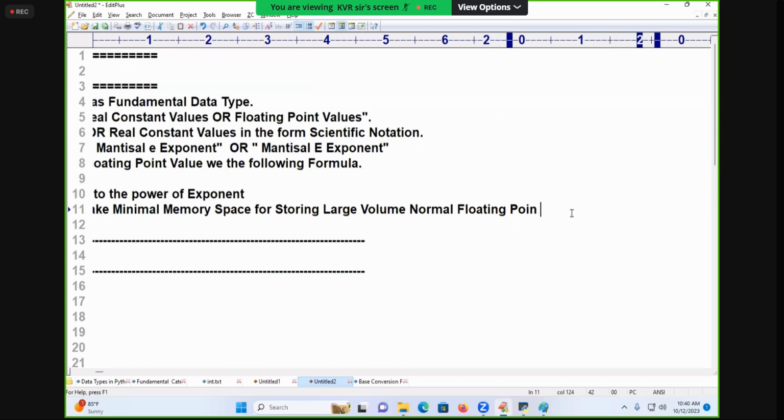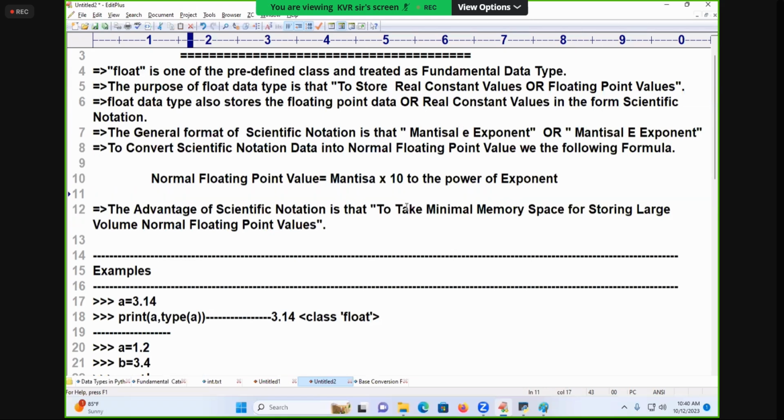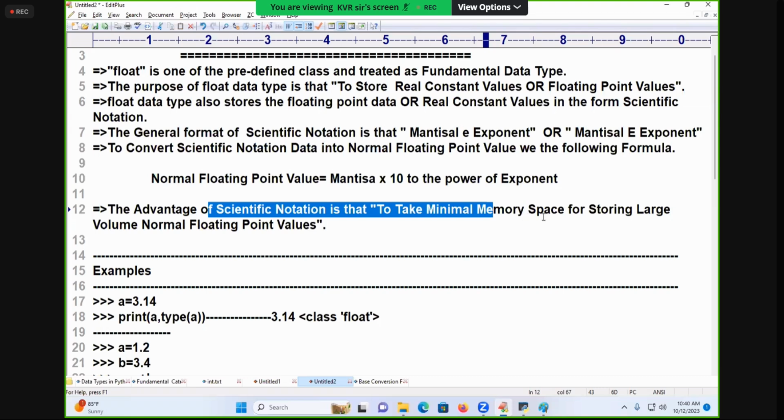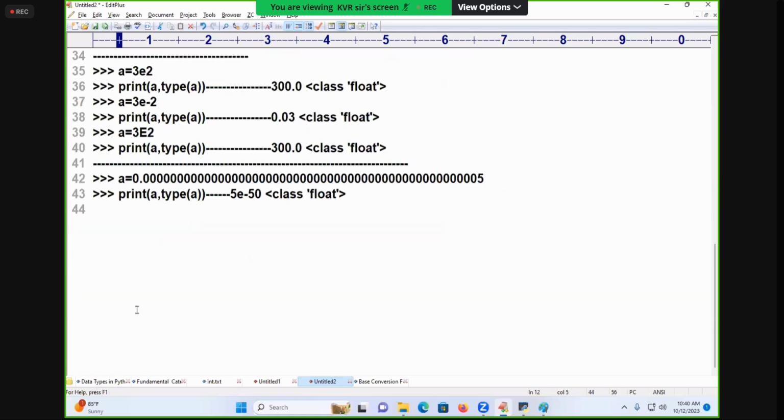Are you getting it, students? Perfect. The advantage of scientific notation is that it takes minimal memory space for storing large volume of normal floating point values. I showed you or not?